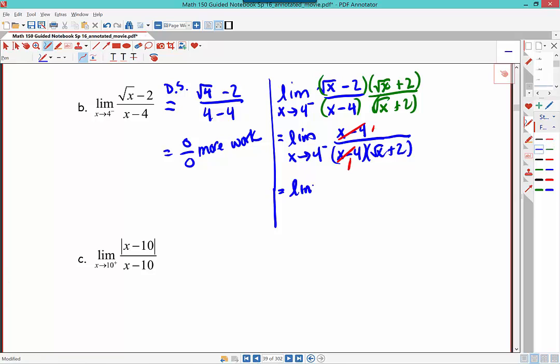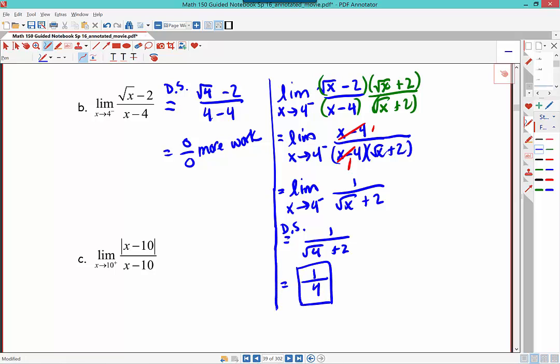So we'll have the limit as x approaches 4 from the left of 1 over root x plus 2. And then now, using direct substitution again, we'll get 1 over root 4 plus 2, which is, good, 1/4.